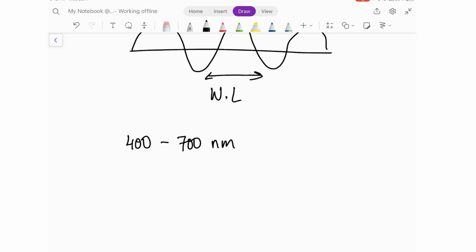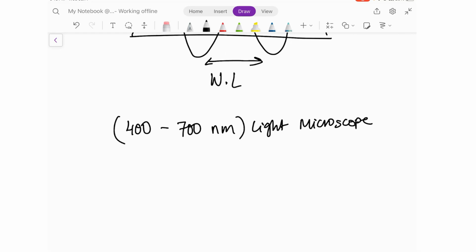So this is specifically for light microscopes, because the source for light microscopes is visible light. So it reflects on to the specimen and then through the lens so that you can see the specimen in the microscope clearly.